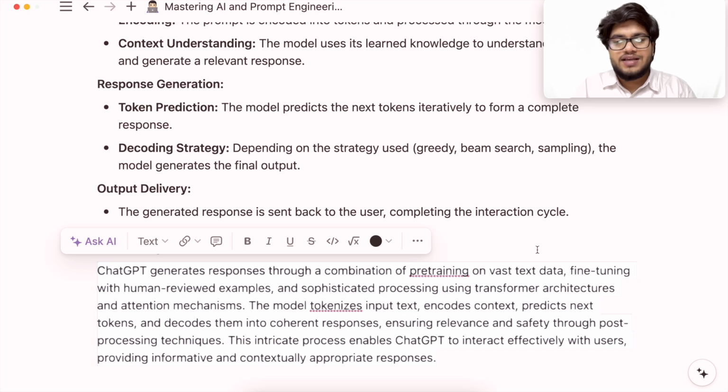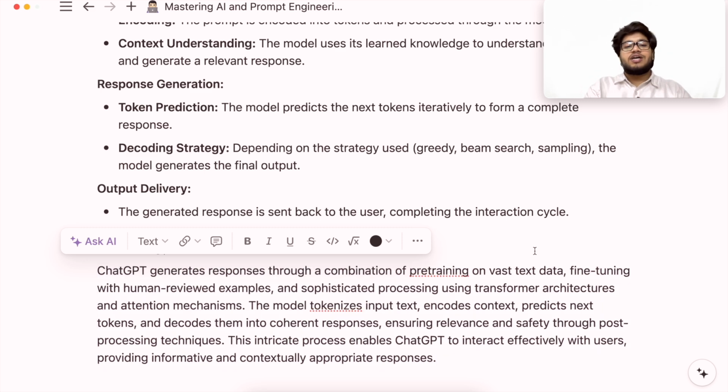The model tokenizes input text, encodes context, predicts next tokens, and decodes them into coherent responses, ensuring relevance and safety through post-processing techniques. This intricate process enables ChatGPT to interact effectively with users, providing informative and contextually appropriate responses.